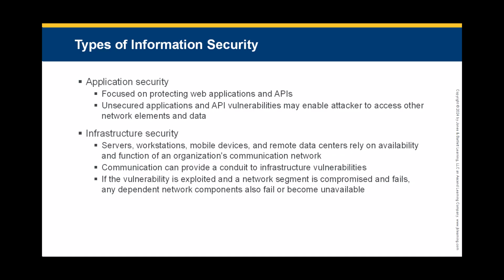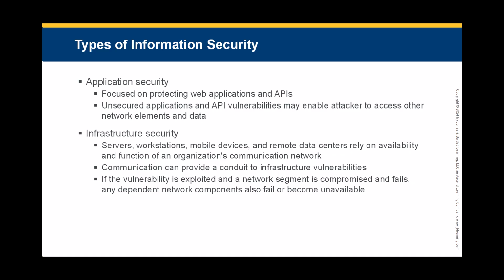Next, we move to infrastructure security, which focuses on protecting the systems and networks that support applications. This includes servers, workstations, mobile devices, cloud environments, and remote data centers. All of these components rely on the availability and proper functioning of an organization's communication network.